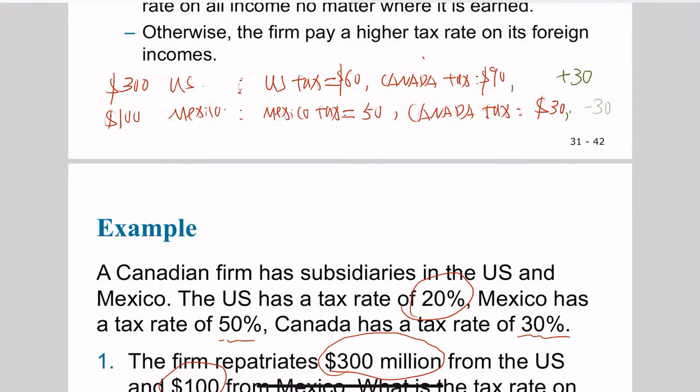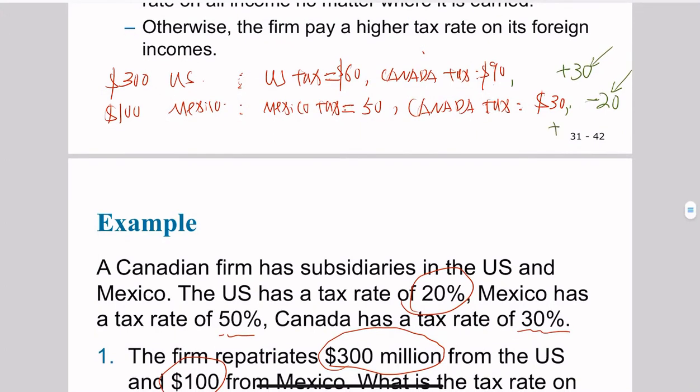And as we discussed, on foreign incomes, tax credits can be used to offset each other. So the net liability and the net credit from Mexico offset each other, and the total net liability is $10 million.